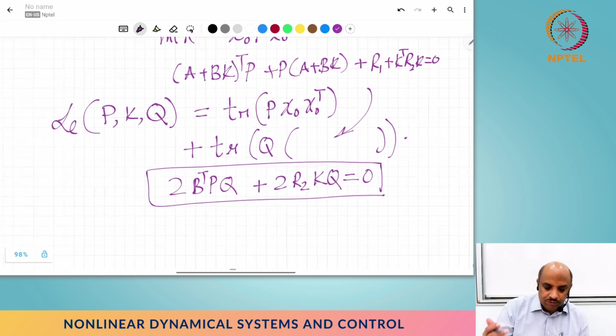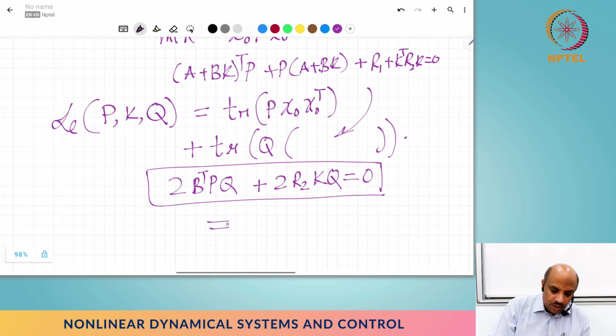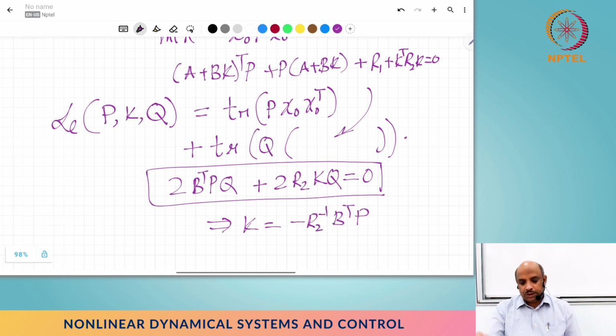Okay, so if somehow I'm lucked out, then Q happens to be positive definite, then K is equal to minus R2 inverse B transpose P, which is what the optimal controller that we're going to get.